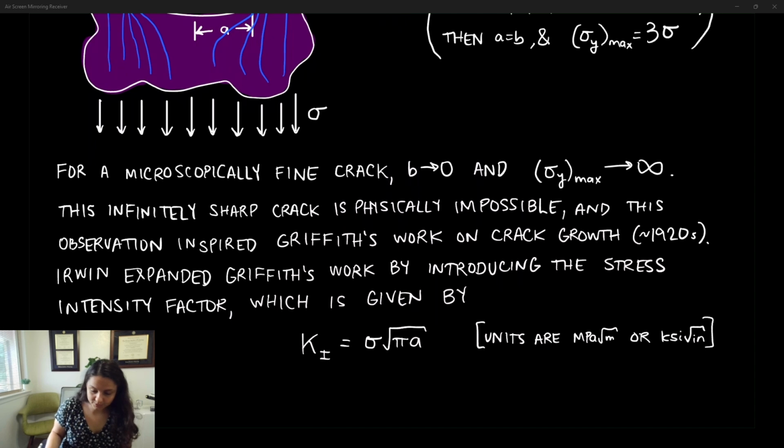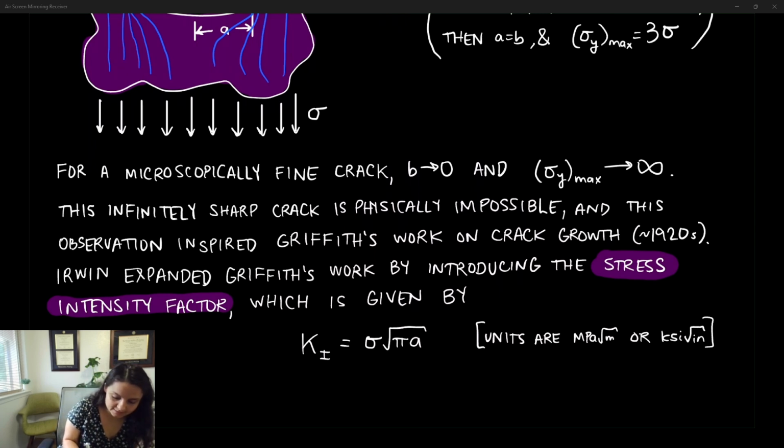Okay, so we've introduced here the stress intensity factor, and it's given by this equation K1 equals sigma times the square root of pi a. And this is for a mode 1 crack in an infinite plate.